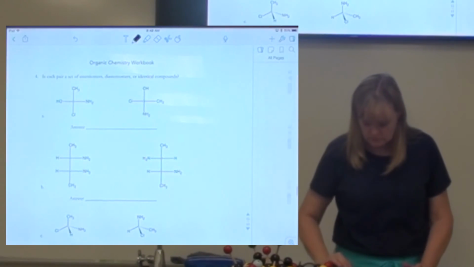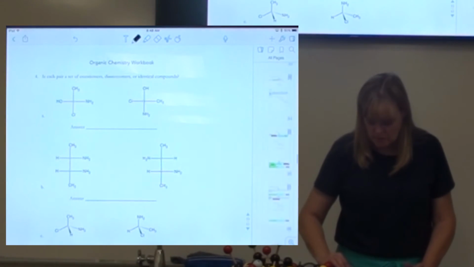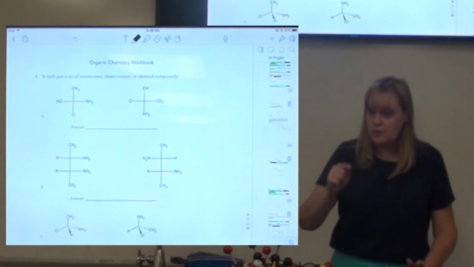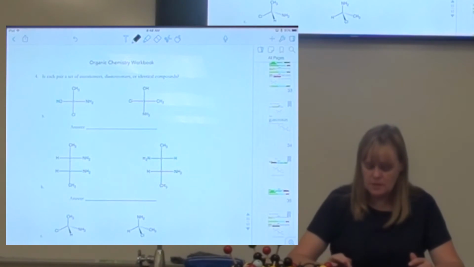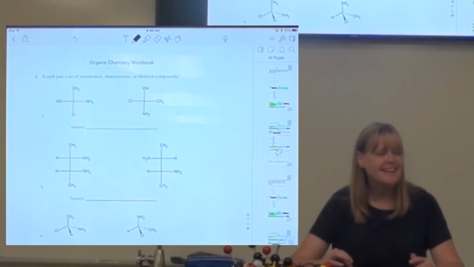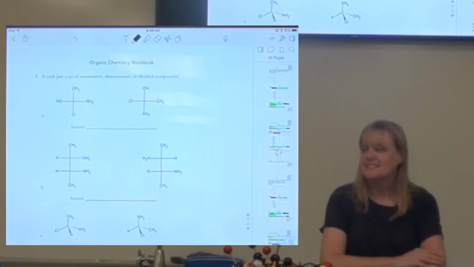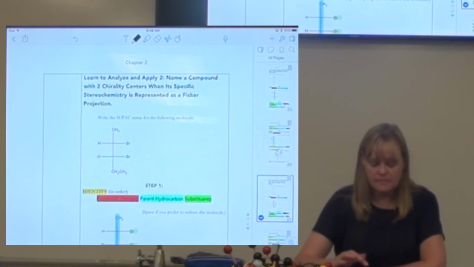So how do I show that both of them are R? You have to write the location number. So you know how you numbered the parent hydrocarbon? Whatever number that is on the parent hydrocarbon, that's what you put for the stereochemistry. They are both R, right? No. One of them's S. Oh, yeah, you're right.